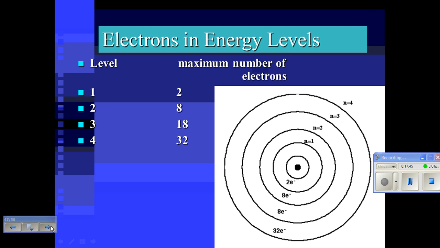There are more energy levels than just 4, but everything from the fourth out, we know can hold a total of 32. Can they hold more? Possibly. The elements that we've discovered so far only show us a maximum of 32 electrons in one particular energy level.